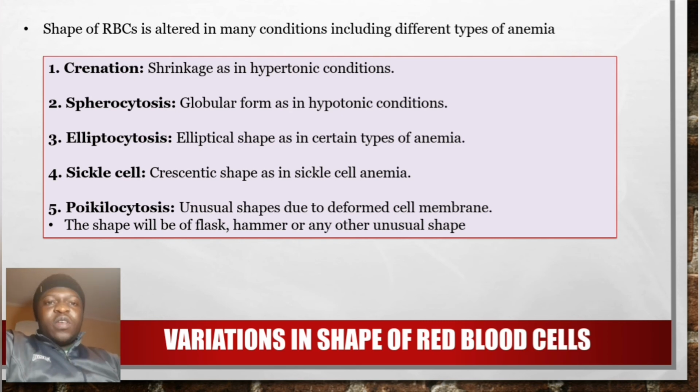Elliptocytosis, that's elliptical shape, as in certain types of anemia. Sickle shape, crescentic shape, as in sickle cell anemia, and poikilocytosis. Poikilocytosis is an unusual shape due to deformed cell membrane, and the shape will be of a flask, hammer, or other unusual shapes, right? And again, you need to be able to differentiate physiological and pathological poikilocytosis.